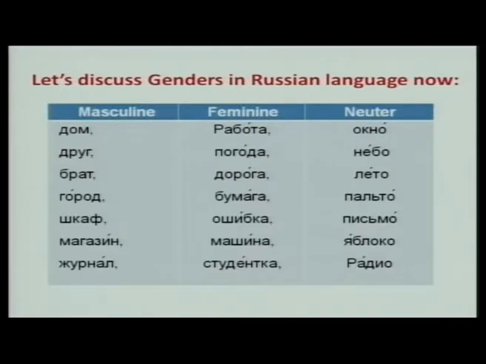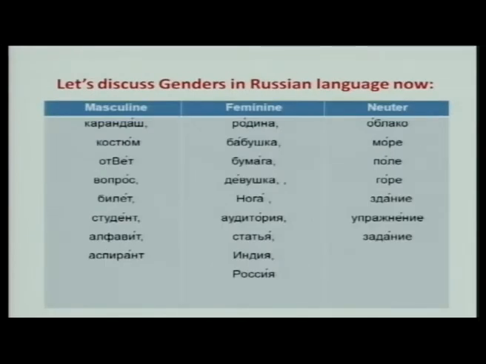Neuter gender words: окно, небо, лето, пальто, письмо, яблоко and радио. So here, if we pay attention to the endings, we can find that masculine gender words are ending in a hard consonant, feminine gender words are ending with a, and neuter gender words are ending with o.